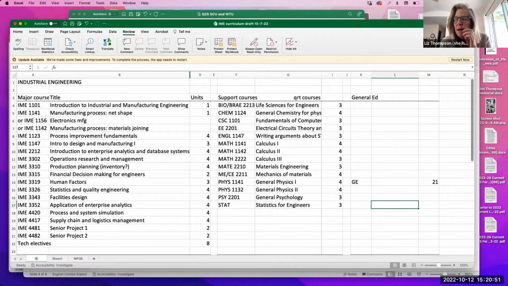It's a machining class with 2 labs and 2 lectures, and we're going to keep that course, and then have them take an option of one of the 3 other manufacturing processes classes, and it's sort of a net decrease. I was just wondering what you all thought of that change.